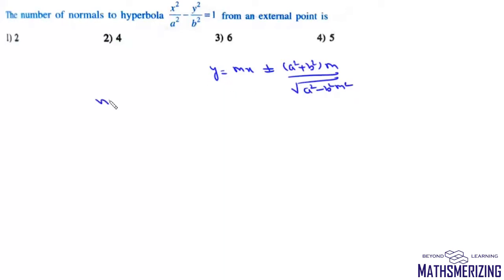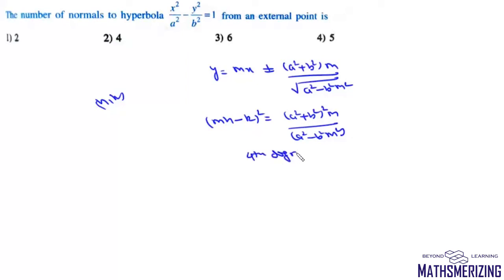Now if this normal passes through the point h comma k, then we can write (mh minus k) whole square will be equal to (a square plus b square) whole square m square upon a square minus b square m square, which is a 4th degree equation in m. And if it is a 4th degree equation with real coefficients, then the number of real roots can be either 2 or 4. So it has to be either 2 or 4. That's your option number 1 and 2.